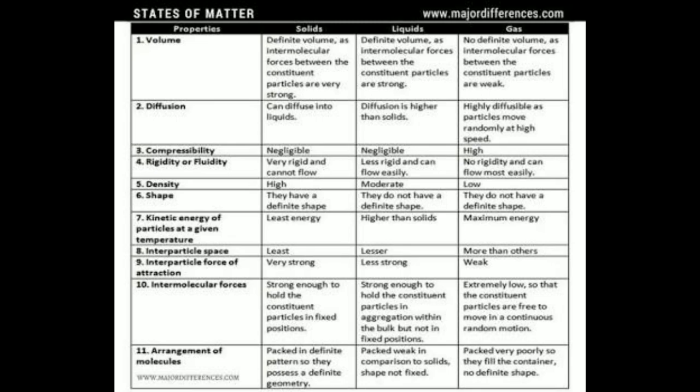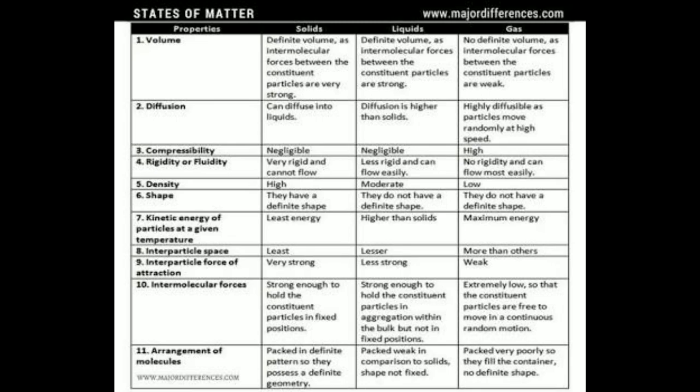The third property is compressibility. Solids are negligible, liquids are negligible, and gases can be compressed highly. Rigidity or fluidity: very rigid in solids and cannot flow; liquids are less rigid and can flow easily; gases have no rigidity and can flow most easily.